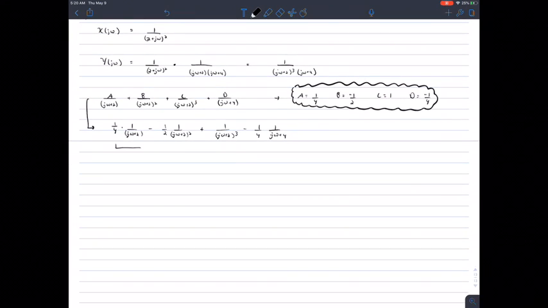Alright, so all of these can be changed into x of t's from the sheet. So this is still Y of jω.